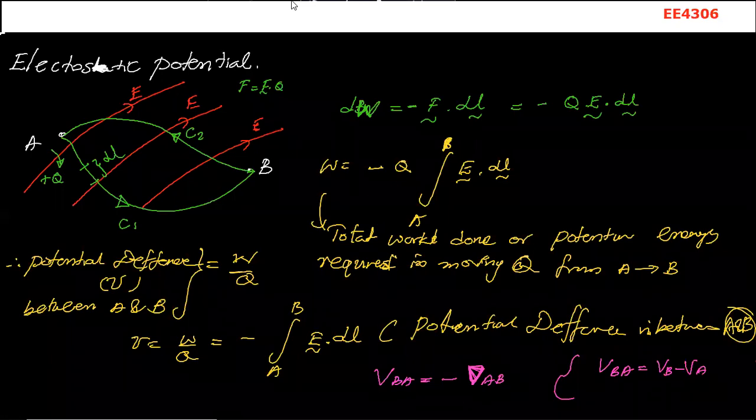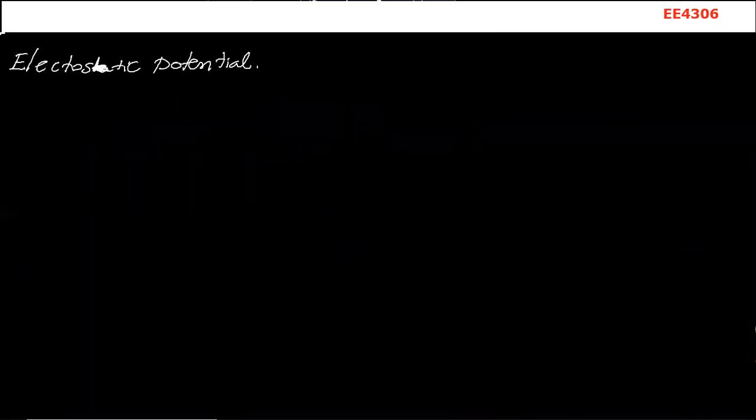So I'll go to the next step. I have a relationship for this one: VBA equals minus VAB.